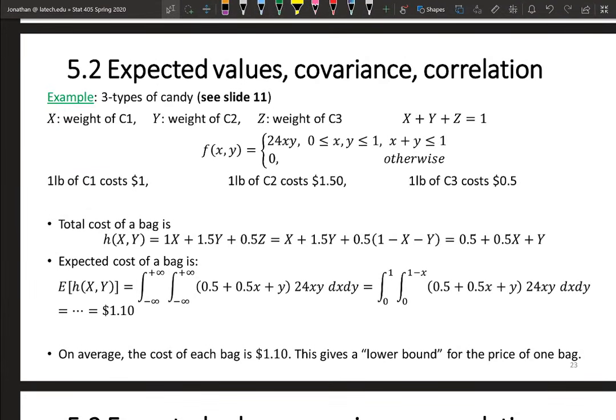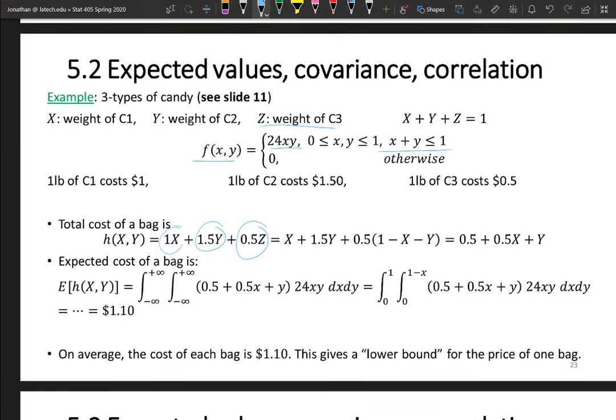So 3 types of candy, like we talked about before. X is the weight of candy 1, y is the weight of candy 2, z is the weight of candy 3. The probability, we said, was a PDF of 24xy, and it's a triangular region. And the total cost of a bag is, let's see, candy 1 is 1 times however much is in x. Cost of candy 2 is 1.5 times however much is in candy 2.